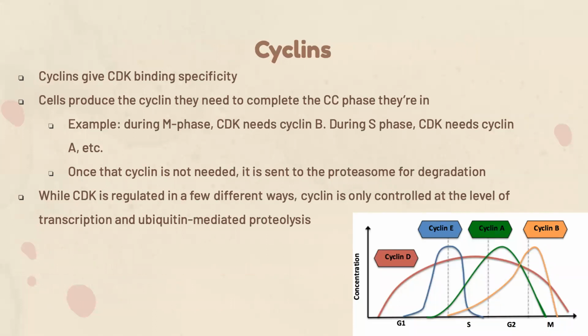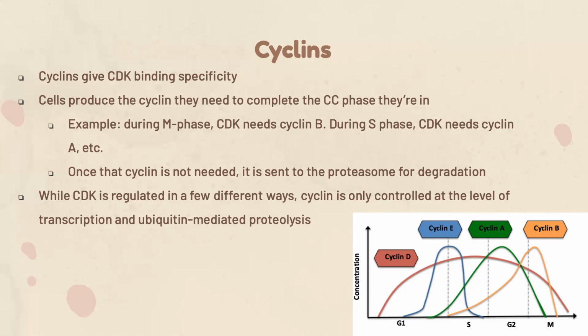Cyclins give CDK binding specificity. So that goes back to the idea that I was talking about in the previous slide, where the CDK has to be bound to a specific cyclin for a specific phase in the cell cycle. So cells produce the cyclin they need to complete the cell cycle phase that they're in. As an example, during M phase, the CDK needs cyclin B specifically.